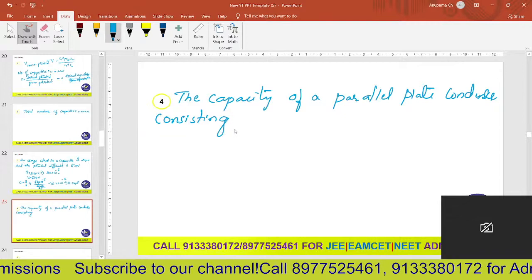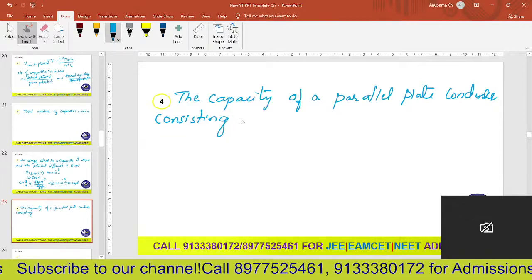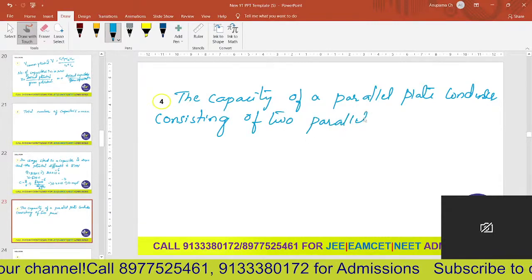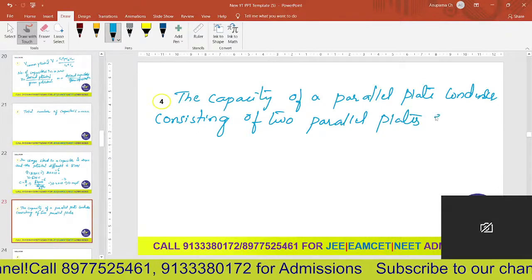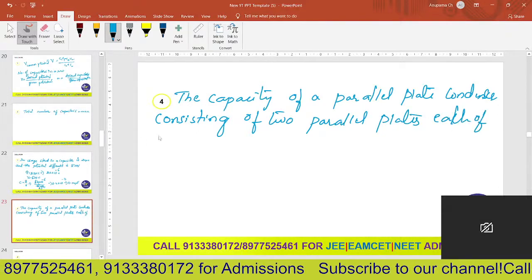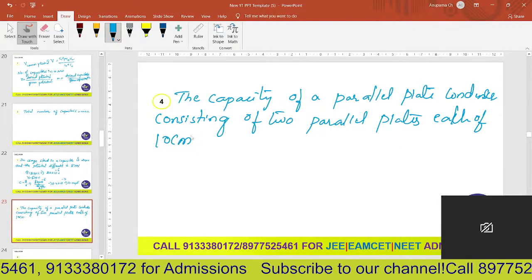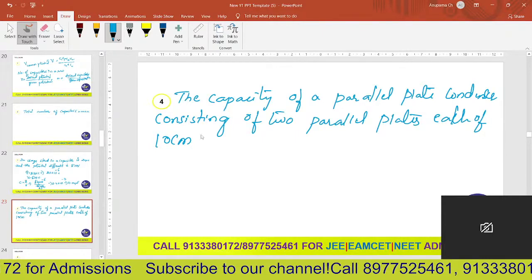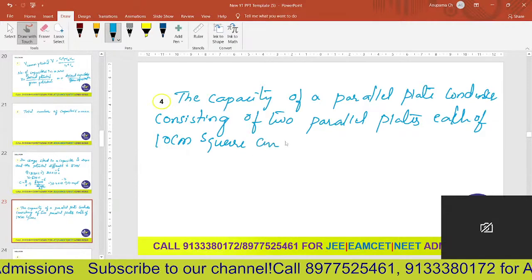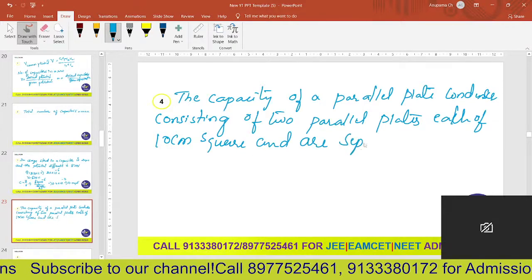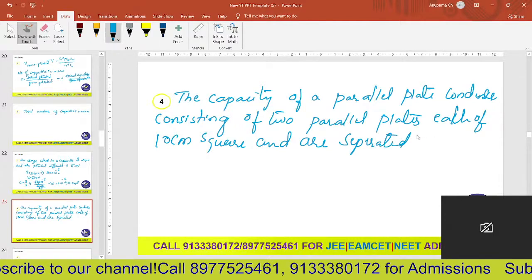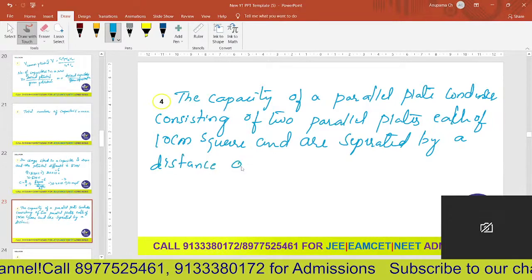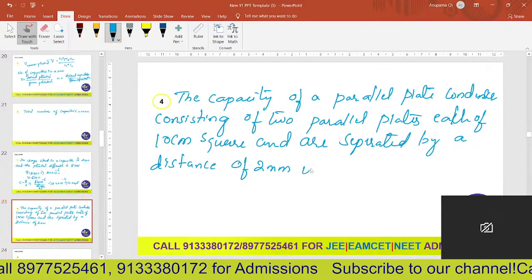The capacity of a parallel plate condenser consisting of two parallel plates, each of 10 centimeters square, and separated by a distance of 2 mm, is dash.